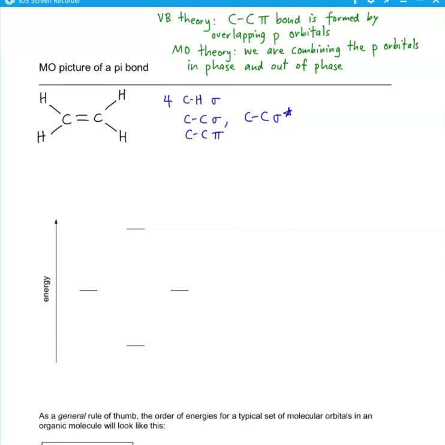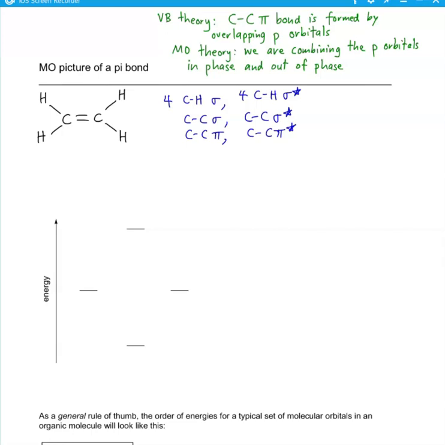Okay, now let's look at the CH sigma. Well, we have 4 of those bonds, 4 CH sigma bonds, which means that we're going to have 4 CH sigma orbitals, and consequently, 4 CH sigma star orbitals. And then finally, for the pi bond, we're going to have a pi bonding orbital and a CC pi star antibonding orbital.